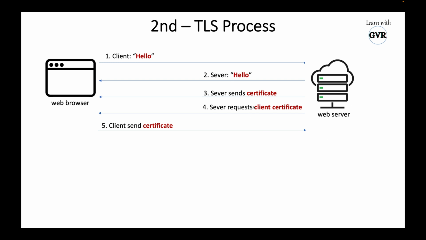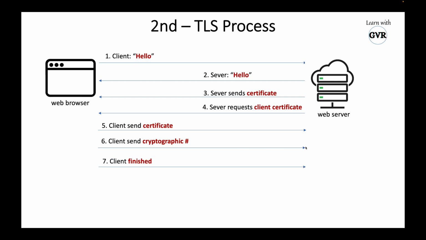Why are they asking each other for certificates? To identify each other, which is mutual TLS. The client will generate some cryptographic hash value and send it to the server. Now the client says, yes, I am finished. Then the server also says, yes, it's finished.